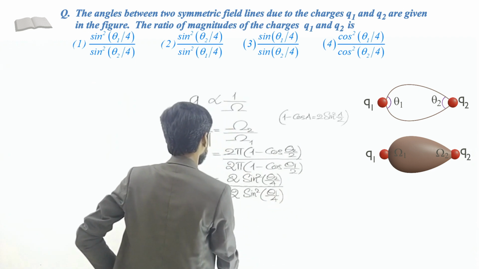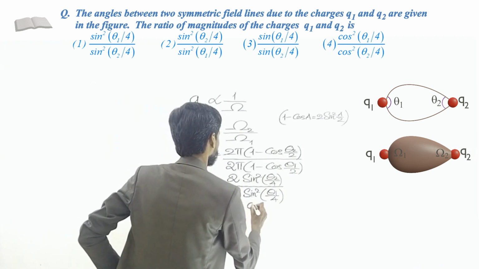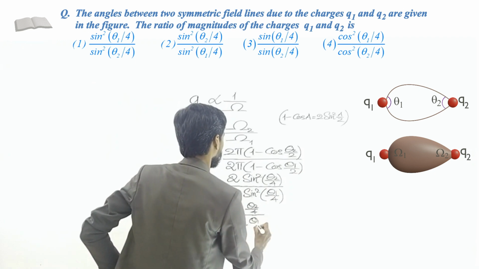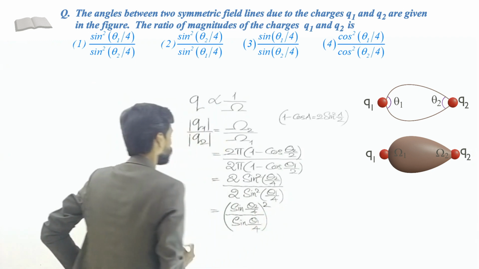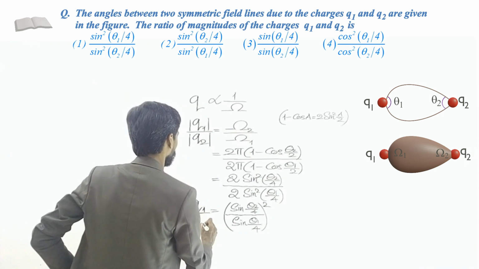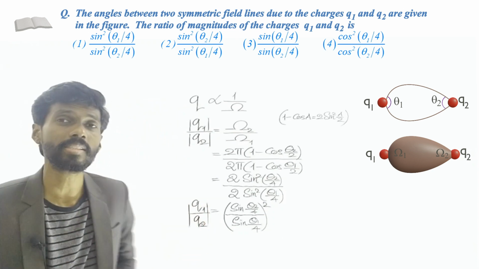If you cancel this, it will be sine theta 2 by 4 divided by sine theta 1 by 4, the square of that. So this is the ratio of the magnitudes of the given charges Q1 by Q2. Do you understand? That is the answer to the question.